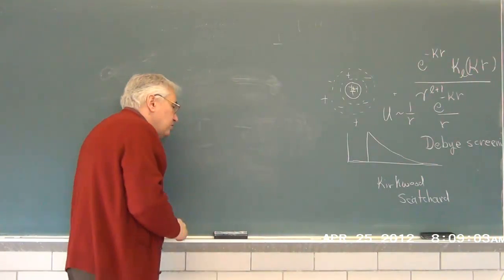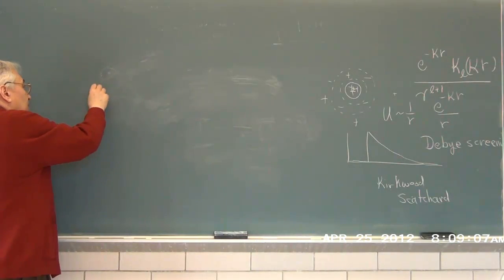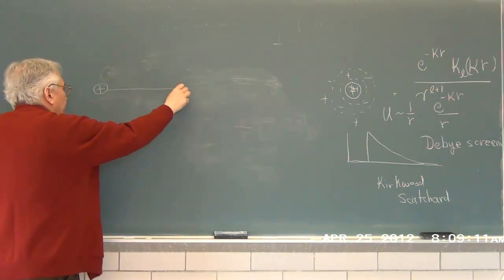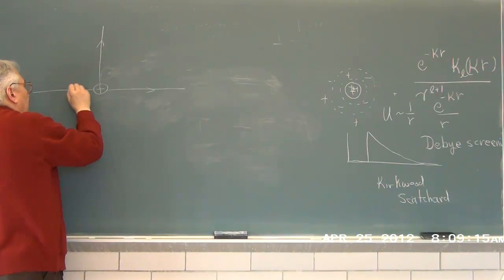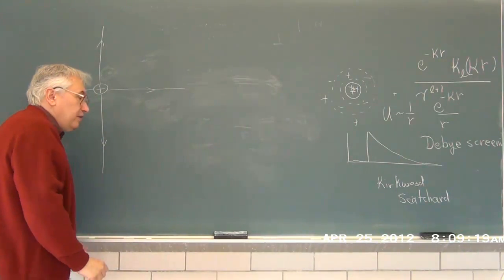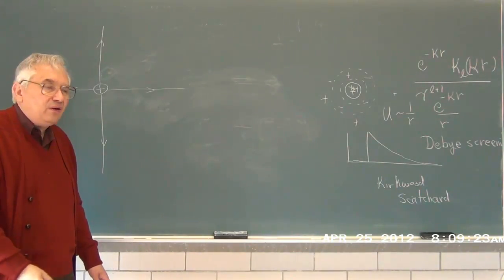This is the Gauss's law picture as shown to freshmen in 2 dimensions. But the idea is all that matters. Here's the positive charge. And if there are no other ions around, the electric field lines all come out of the positive ion and keep on going.